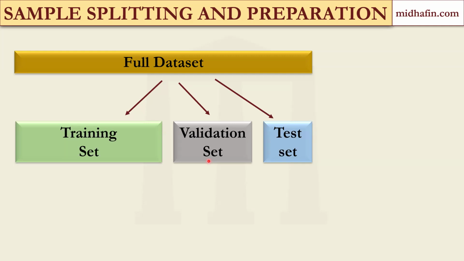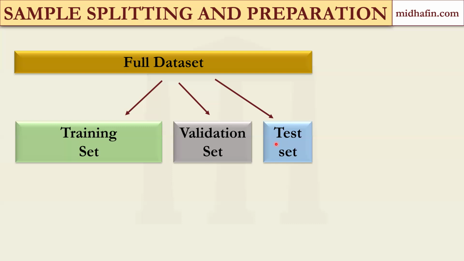Okay, so suppose the training set was the practice field, you can say, and validation was probably the mock exams. So this was like, in the LMS, you see chapter-wise questions and quizzes. So the training set is like that for you. The validation set is like the mock test for you. Okay, and the test set is, of course, like the final exam for you. Okay, no hints at all, no peeking beforehand, final exam.